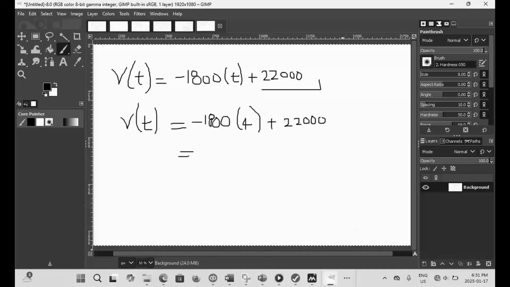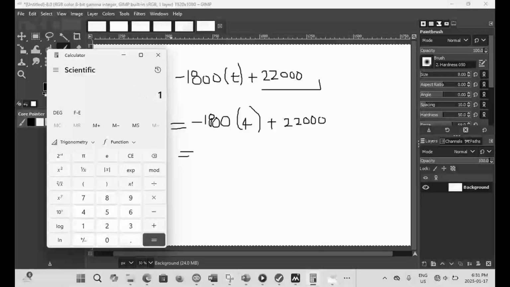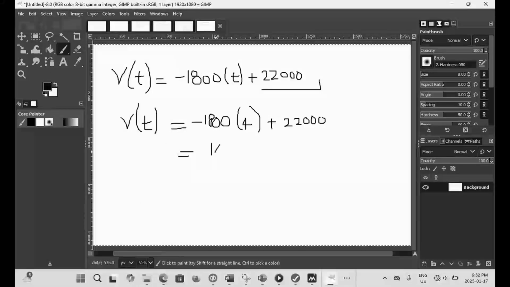So this will be 1800 into 4, plus 22,000, which is $14,800.